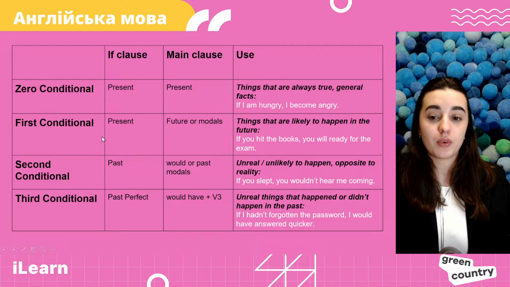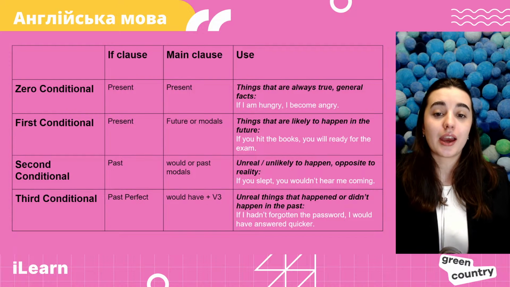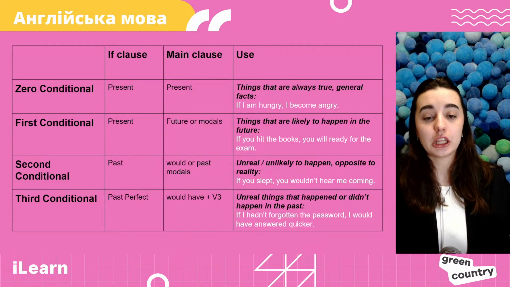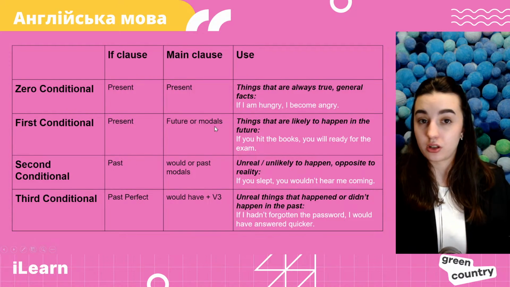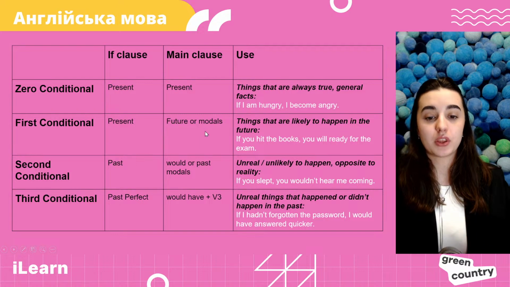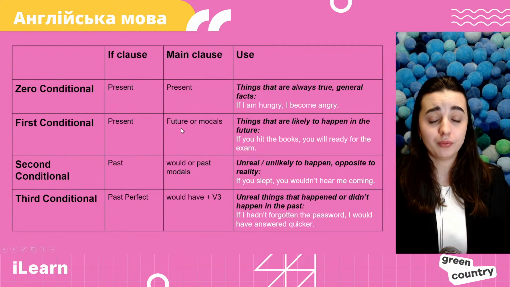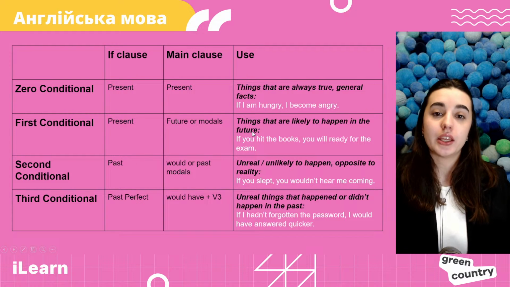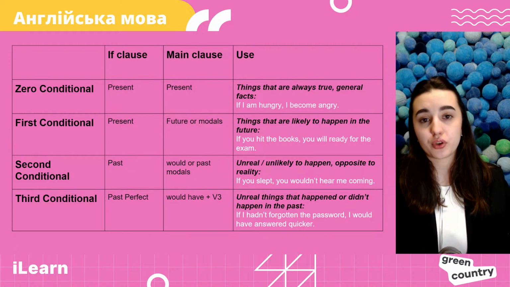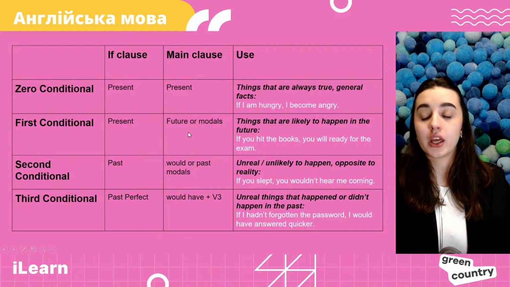Перший conditional ми вживаємо в частині з умовою. Ми вживаємо present, в частині з результатом ми вживаємо модальні дієслова. Помітьте, будь ласка, що тут ми також можемо вживати модальні дієслова або майбутнє. І це ми говоримо про речі, які, можливо, будуть в майбутньому, якщо виконається ця умова.